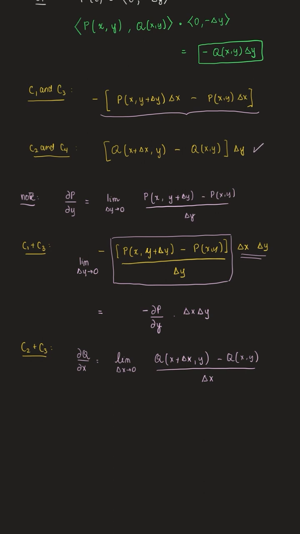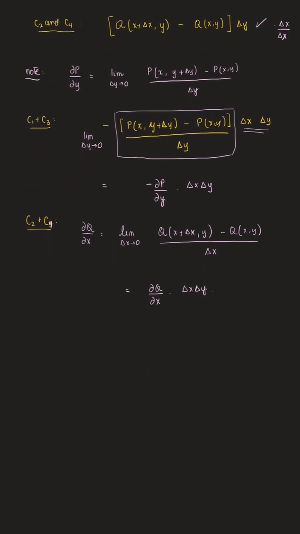If I multiply up here by a delta x over delta x, then our C2 plus C4 would be partial of q with respect to x times delta x, delta y.